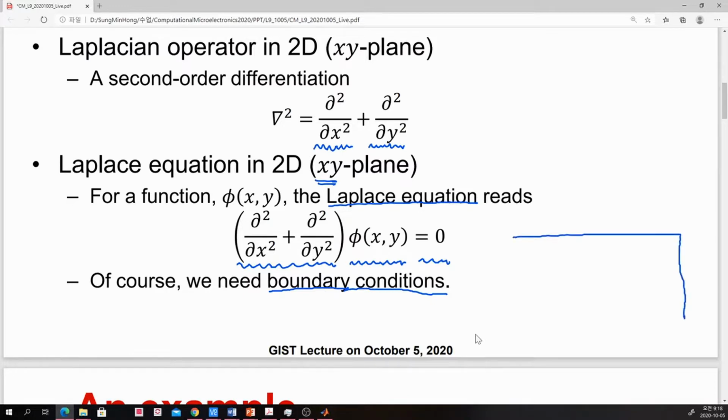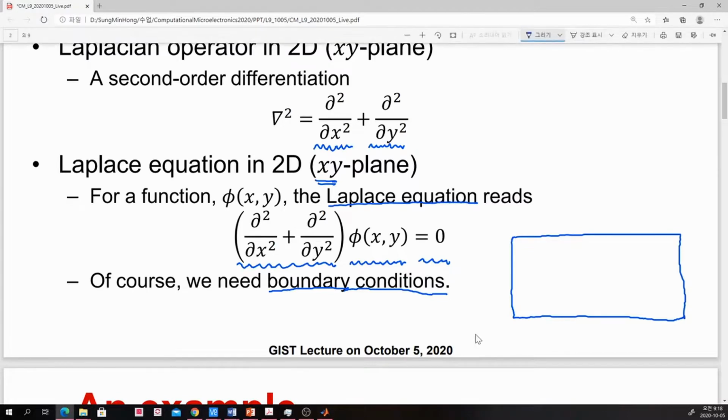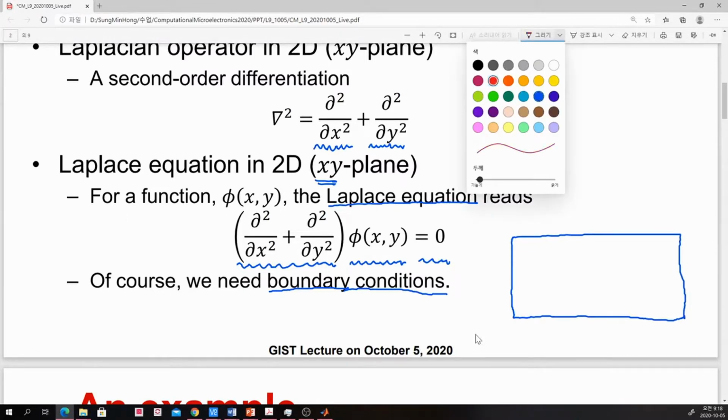This is a rectangle, and here we have a certain contact or terminal. Let me introduce different colors to emphasize the contacts.